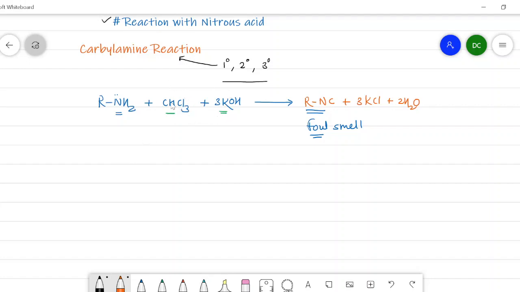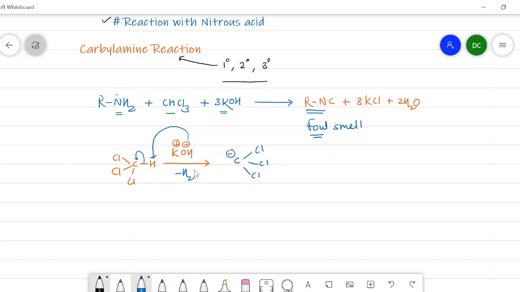Dichlorocarbene is formed by the reaction of chloroform and KOH. So that I will write here Cl which is attached to the carbon, a Cl here, then again a Cl and hydrogen. When it is heated in a alkali, then a KOH is having a positive charge, it is having negative charge. It will abstract this hydrogen and the electrons are shifted here. So we get a carbon which is having 3 chlorine and a negative charge.